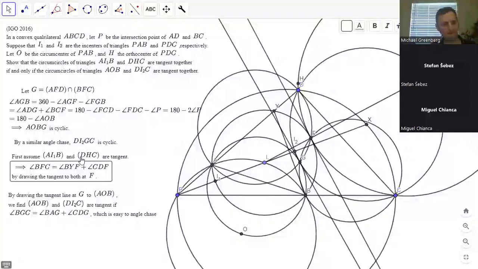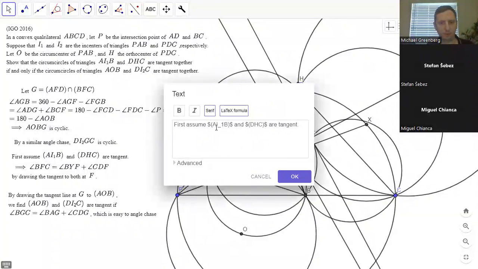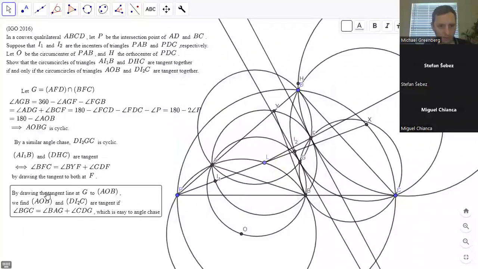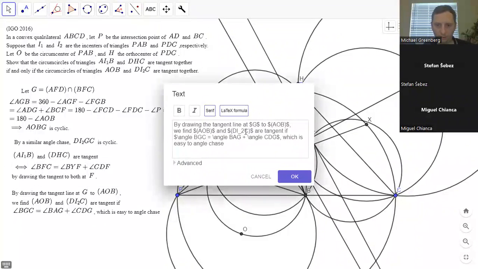Oh, so maybe these are both if and only if. So maybe that would just kind of solve the problem. So these are tangent if and only if that's true, and these are tangent if and only if that's true.